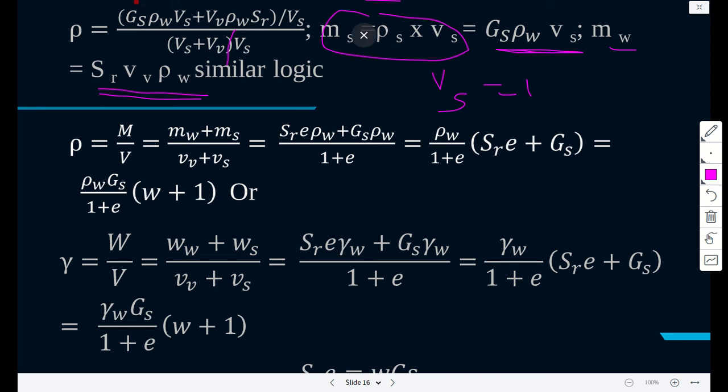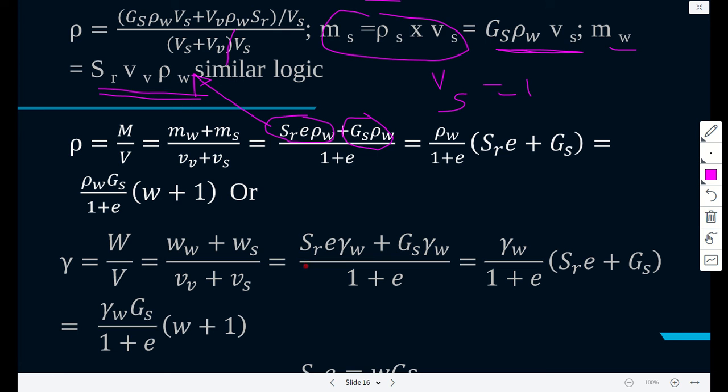So the bulk density is simply mass over volume, which is mass of water plus mass of solids over volume of voids plus volume of solids. This is one way of expressing the mass of water from up there.